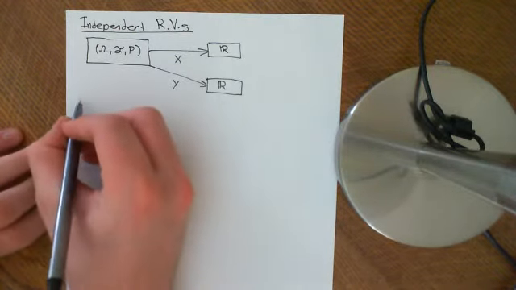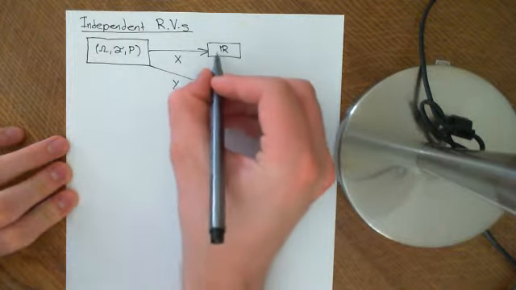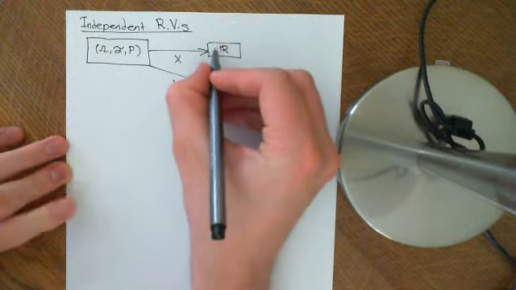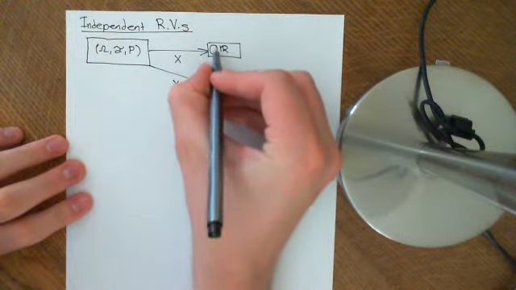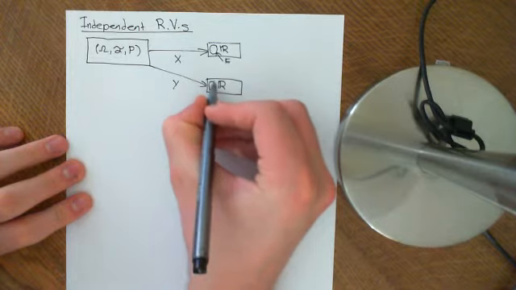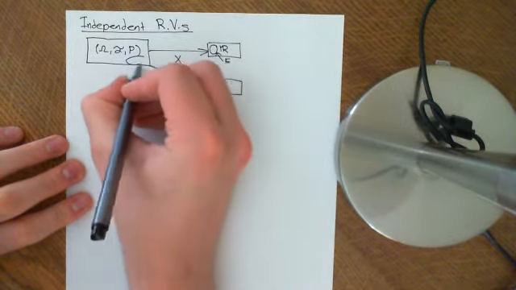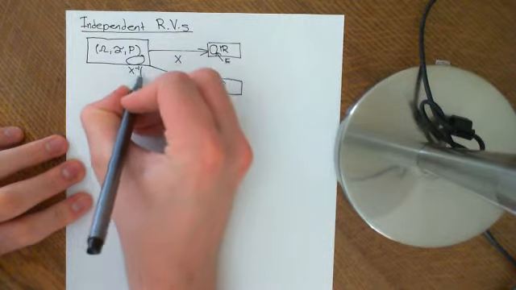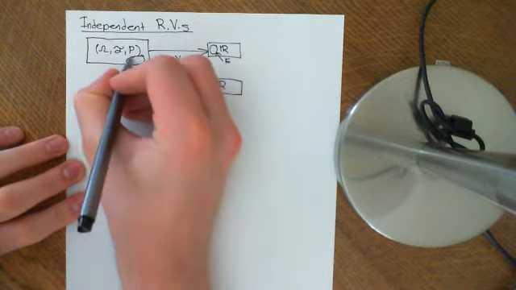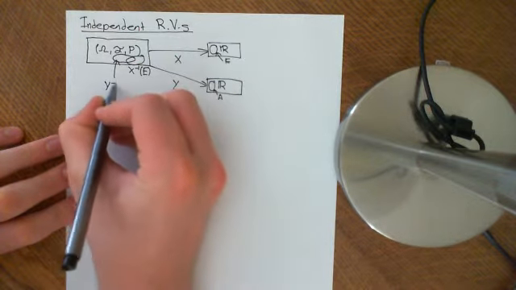Because any event in here, so let's say we have an event in here, and let's say we've got an event in here as well, which we'll call A. Then we have the preimage of E in here, which is x inverse of E, and we have the preimage of A, and they potentially overlap.